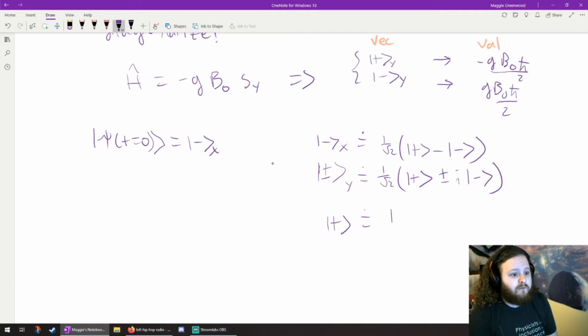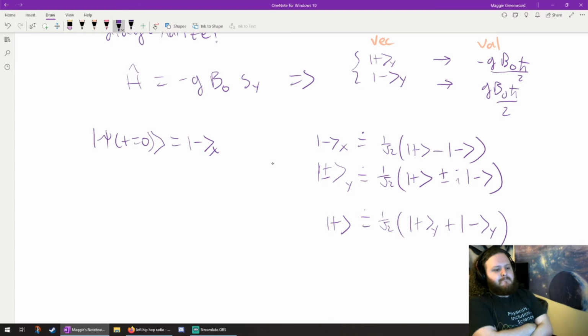So I can tell the first one already, 1 over the square root of 2, is going to be plus y plus minus y. Do I believe that? So if I add plus y and minus y together, I get basically 2 copies of plus. And then I just divide by it.